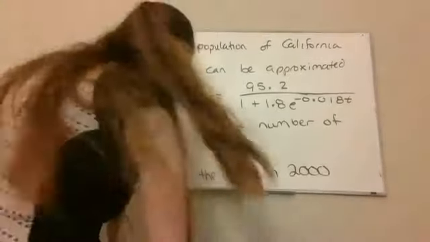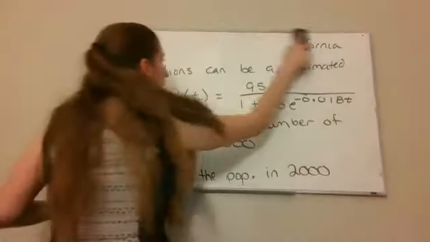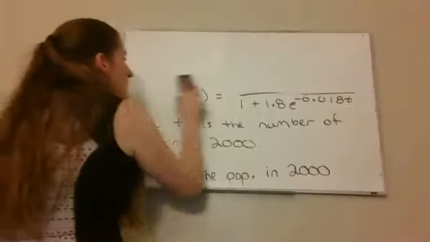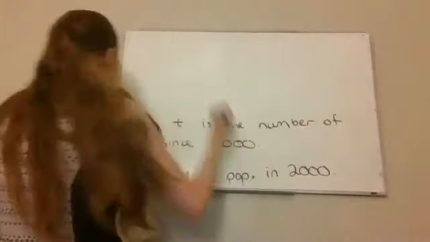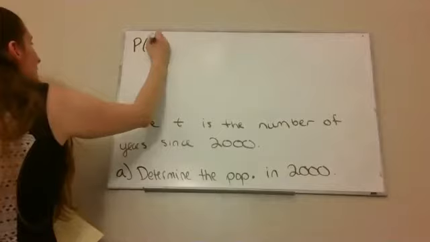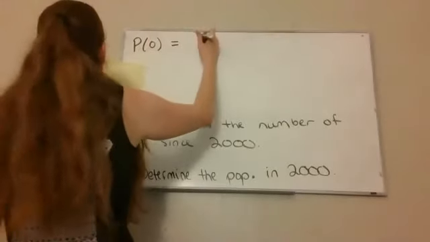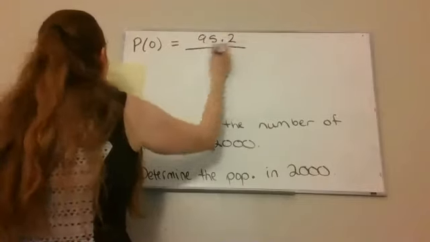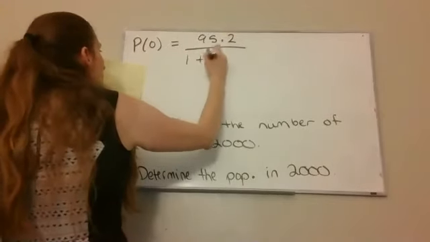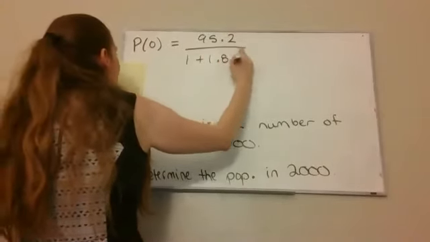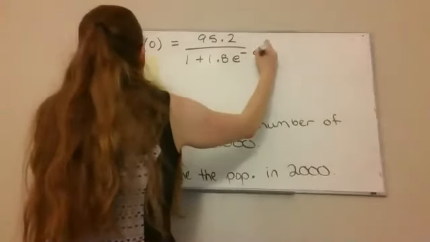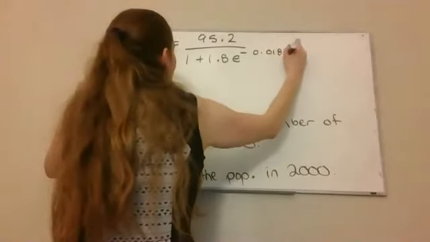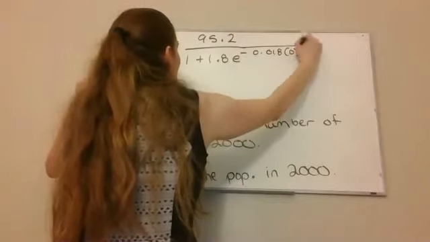So I need to plug in P of 0. P of 0 is equal to 95.2 divided by 1 plus 1.8 times e to the negative 0.018 times 0 power.